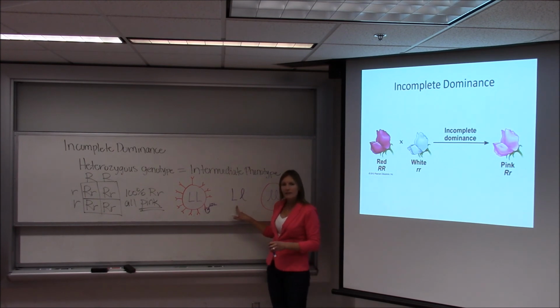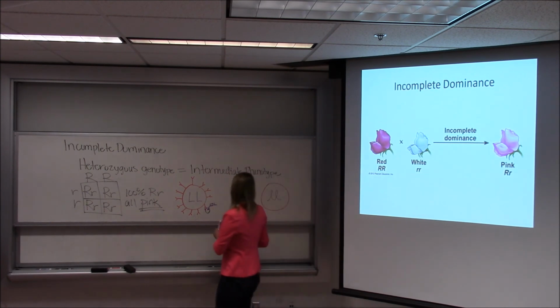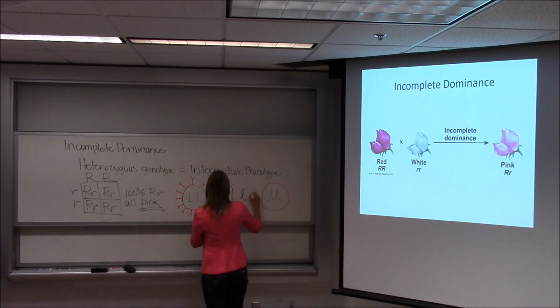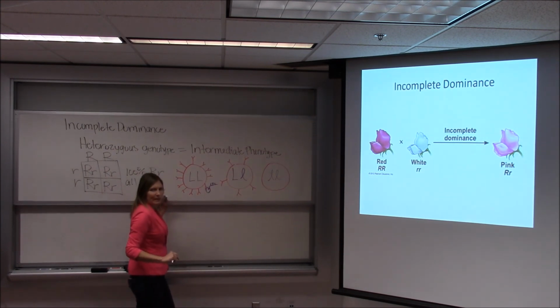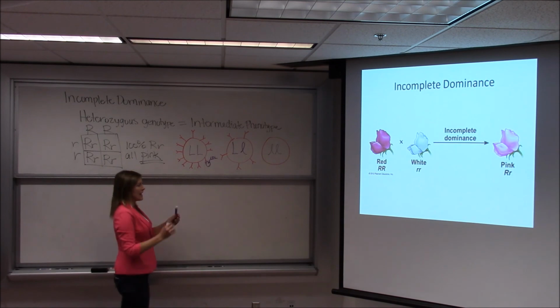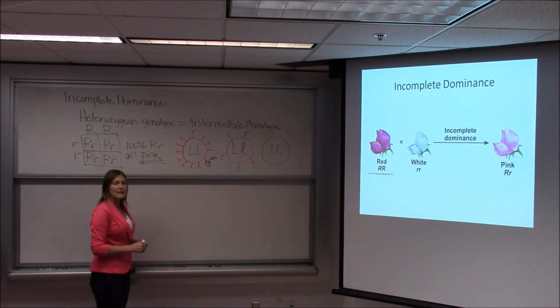If you're heterozygous though, which most of us probably are, you end up with something in between. You end up with an intermediate number of these receptors. So if you eat a healthy diet, you have low cholesterol, and if you eat an unhealthy diet, it'll be high. So intermediate phenotype in the heterozygous individual. That type of inheritance is called incomplete dominance.